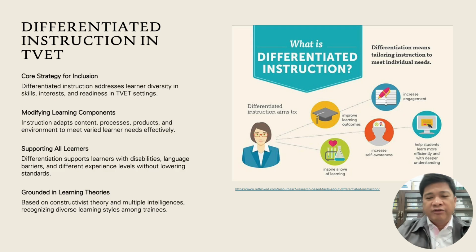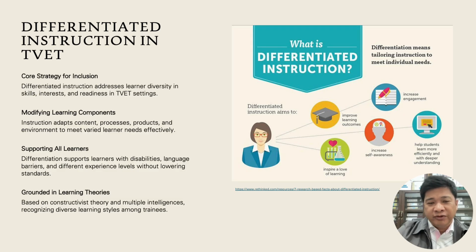education. For example, in a carpentry class, advanced learners may design a full project plan while beginners focus on mastering basic joints. Importantly, differentiation does not mean lowering standards. All learners work toward the same competency standards but through flexible pathways.